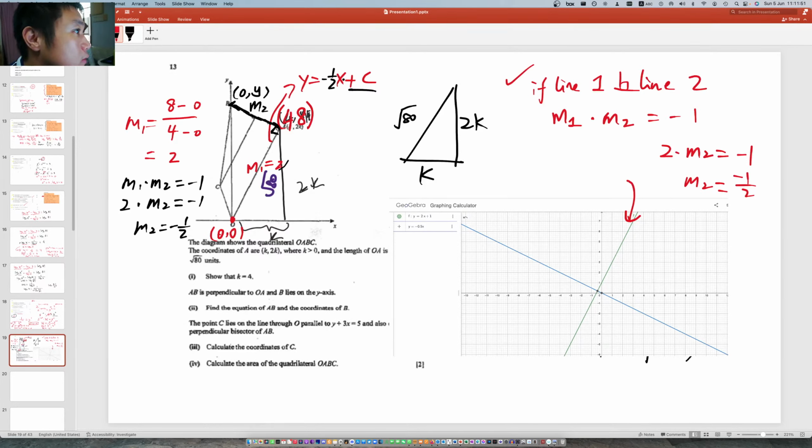There are 3 unknowns, but if you sub the 0 into it, you will get y equals 0 plus c. So c is actually equal to y. So basically you need to focus on how you can get the value of y. Because if you can get the y coordinate, then you get the c value, then you get the equation. So now comes the part: what other information do we have?